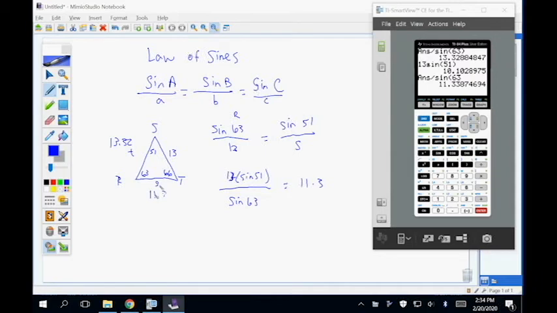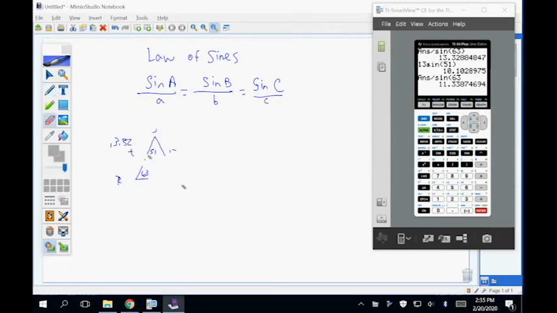Okay, real simple. Let's do one more, and then you're free to work on your assignment today. Again, not a right triangle. This angle is 103.